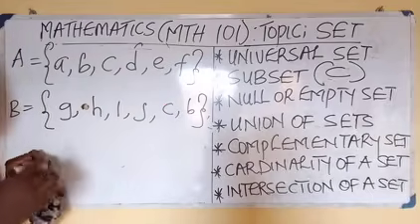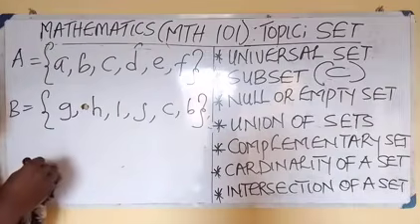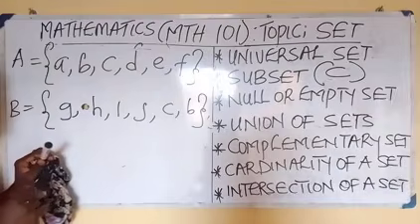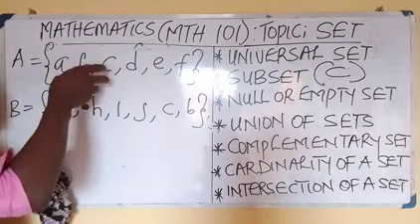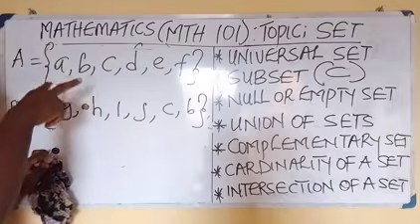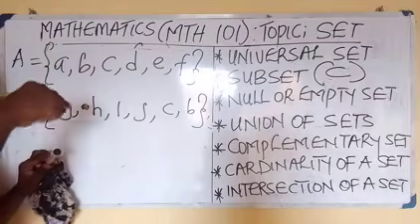Now the union of a set, or the union between two sets, is a combination of the two sets without any repetition. What is the meaning of union? Coming together. So when you say union set, it refers to sets expressed when the elements are joined together without any repetition.